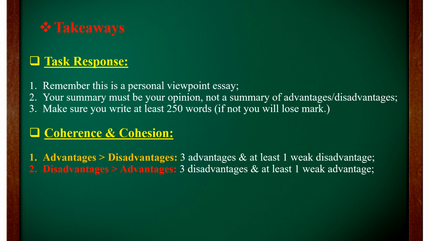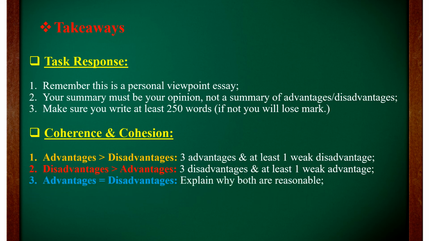Then you should include at least 1 weak advantage and reject it later to prove that you consider both sides of the issue. 3. If you partially think that advantages outweigh disadvantages, you may present both sides clearly and detail why you think both are reasonable. 4. Make sure you employ appropriate sentence connectors to link from one idea to another.